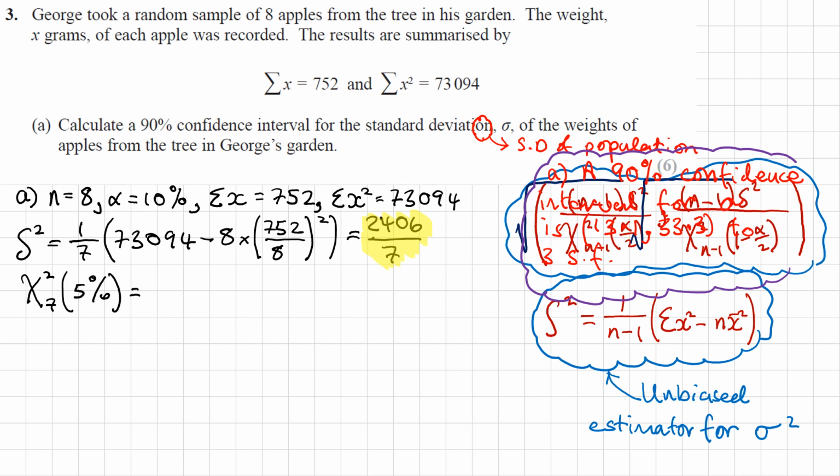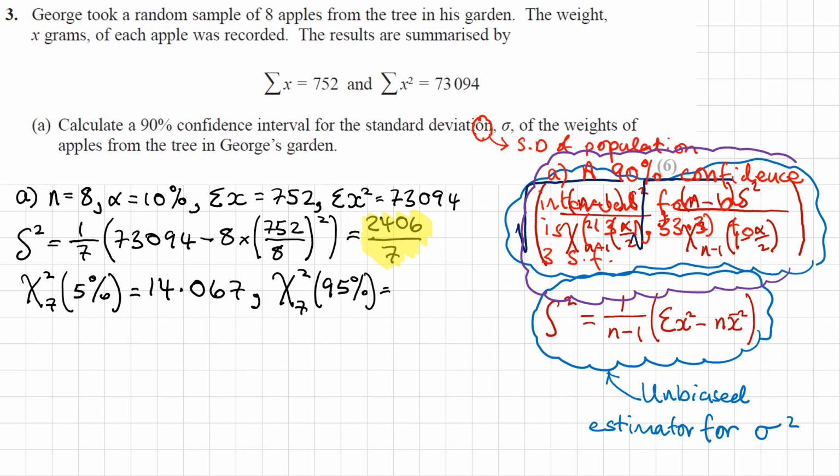Let's see what we get for that. And that's 14.067. And then we want to look up the other chi-squared value. So that's going to be at 95%, 1 minus alpha over 2, 0.95. So we'll look this up.